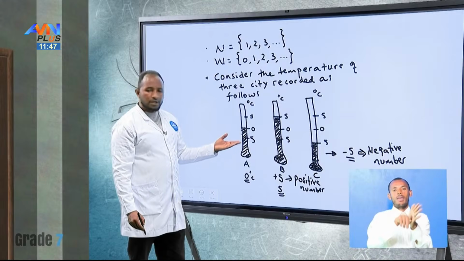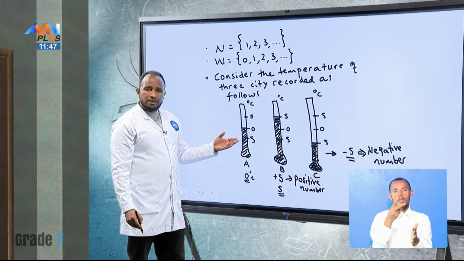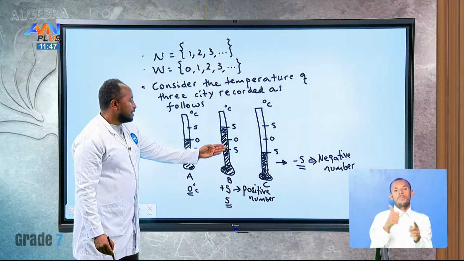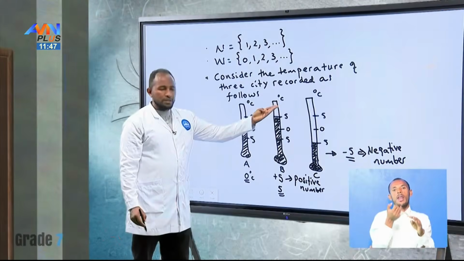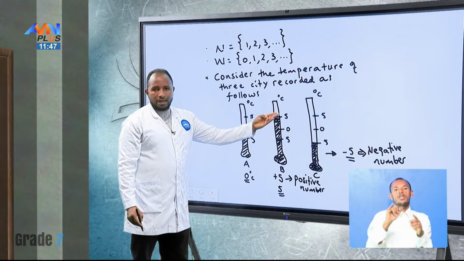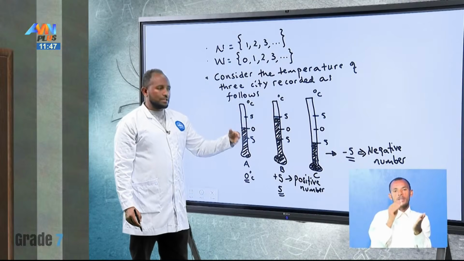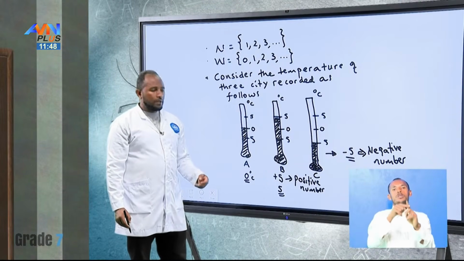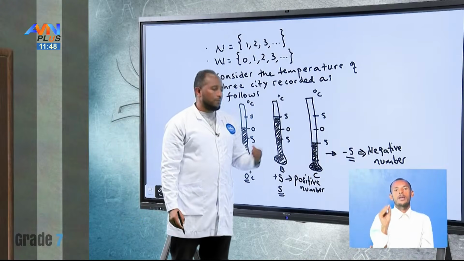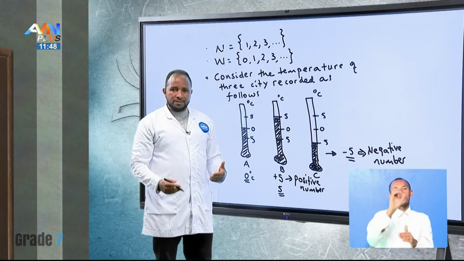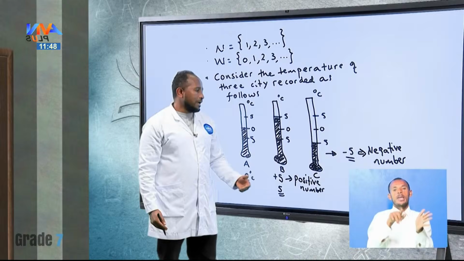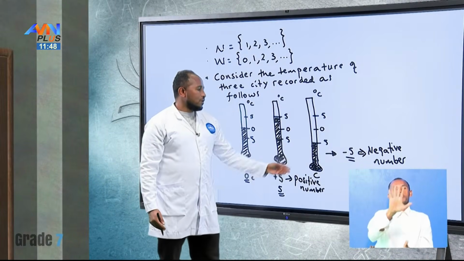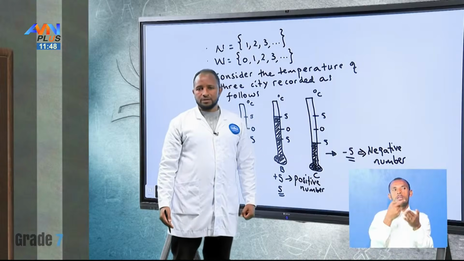Therefore, 0 is neither positive nor negative. A number above 0 is indicated by plus sign, and that number is positive. Therefore, this temperature is positive 5. And a number below 0 is represented by a number with minus sign. We say this temperature is minus 5. So we call such numbers negative numbers.